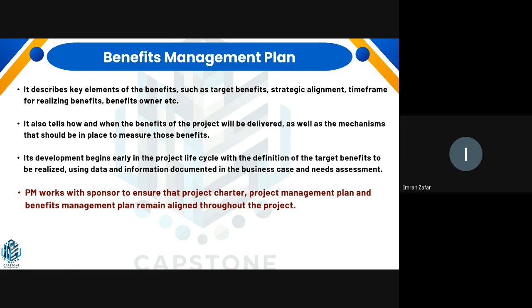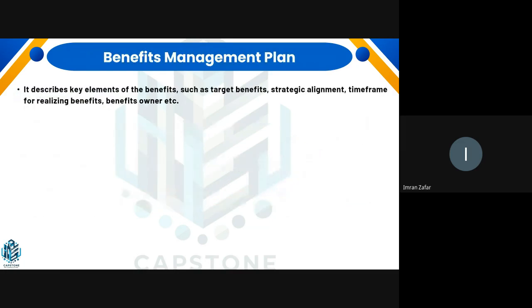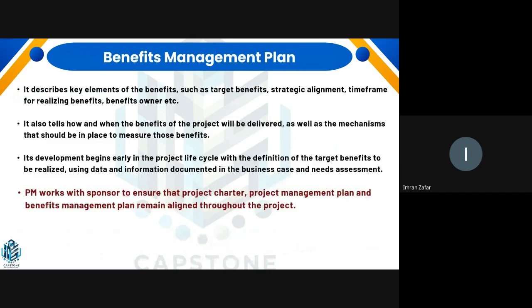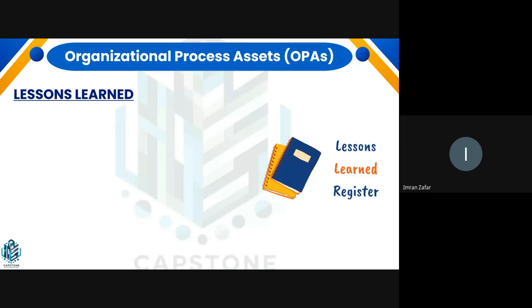Because if during the course of the project your benefits requirements change and you are not aligned with that, then obviously it may not be beneficial to continue with your project. I think we discussed this in the last session as well. So this is what the business documents are: the business case, and the second one is the benefits management plan.